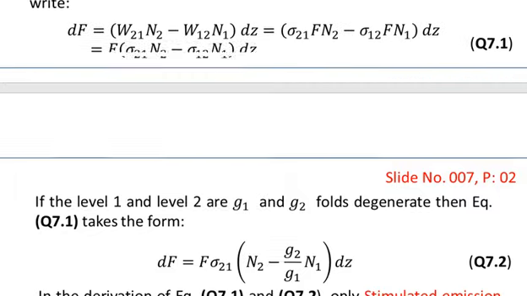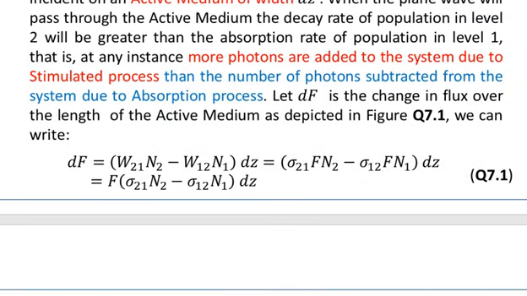So you see that 7.1 is our answer when we have non-degeneracy, that is, only one level is present in level 2 and only one level is present in level 1.